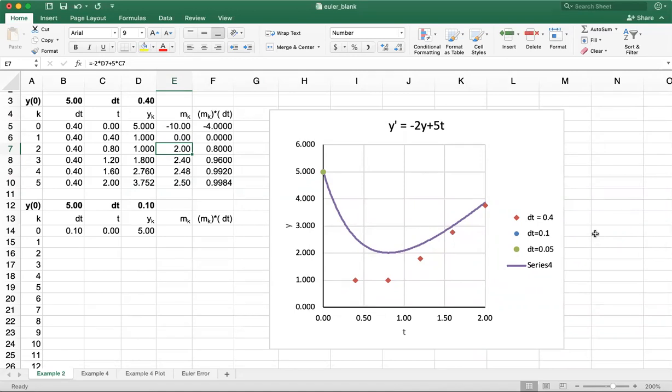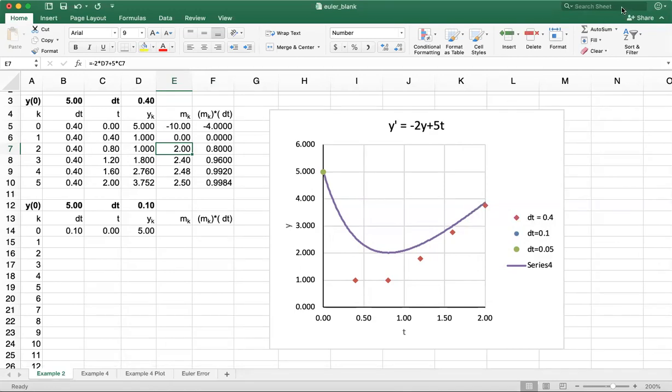And then the red dots represent my approximate solution. And so this is what Euler's method looks like when I use 5 steps. And while it's not a very good approximation at the beginning, as you can see, it goes way down at the beginning, in fact, it is a pretty decent approximation. It kind of levels out. It's a pretty decent approximation when I get to time t equals 2.